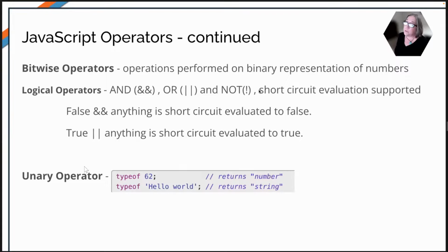If you've worked with other languages like Java, you know that Java has short circuit evaluation. JavaScript does also. What does short circuit evaluation mean? Well, I just told you that an and has to have everything true. So if I am reading something and it has an and in it, and the very first thing I see here is false, then everything on this side I don't even need to look at.